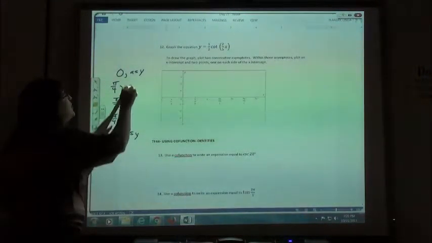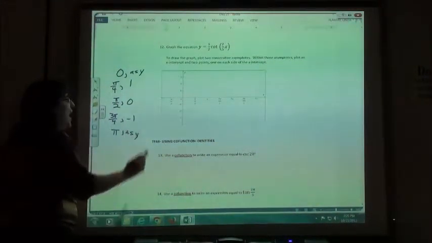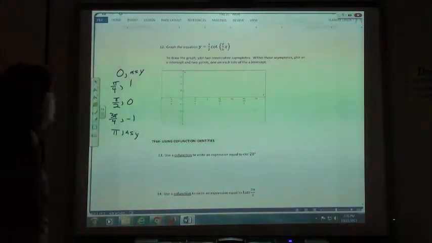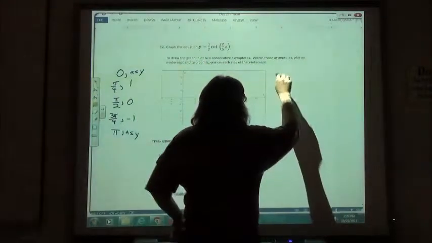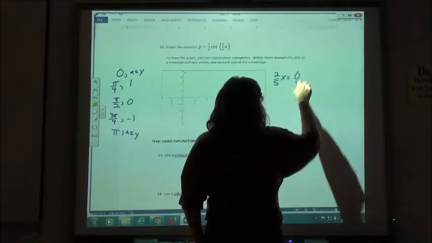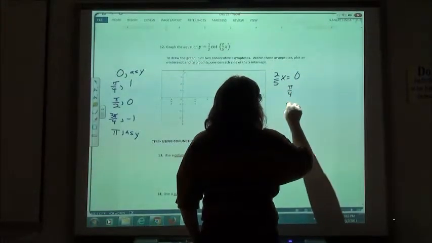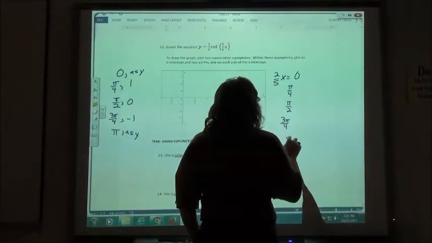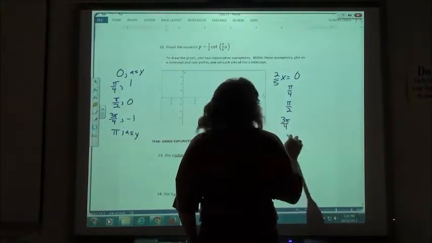The cotangent starts in the positive, ends in the negative on my normal cotangent curve. So, in my parentheses, I have 2/5 x to equal each of those values. So 0, pi over 4, pi over 2, 3 pi over 4, and pi.